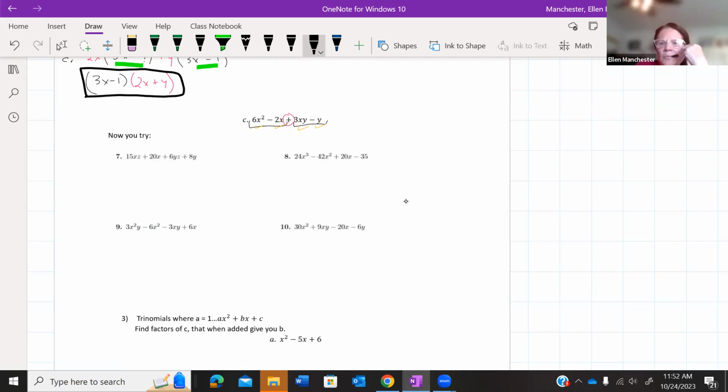Okay, good, Isabel, on number 8. Okay, number 7. So Sophia, you're doing the same thing. Do you see how what's in the parentheses is not the same? For number 7, your sets of parentheses have to be the same.